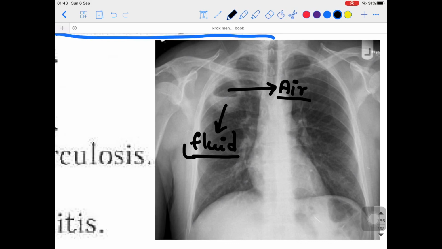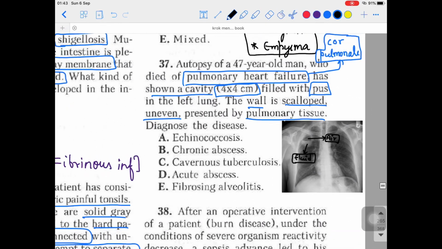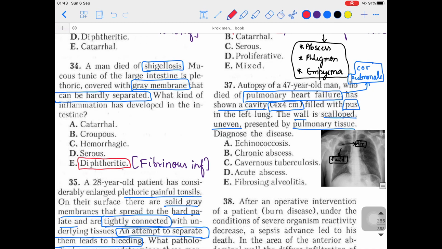So that's what you should appreciate over here, that this particular thing which you are seeing on the screen is air, because air is light, right? Air is light, fluid is heavy. So fluid will appear on the lower side and air will appear on the upper side. This is the abscess. That's how it looks on the lungs x-ray. Okay, I hope you are clear about this one. So the answer will be acute abscess in this case.